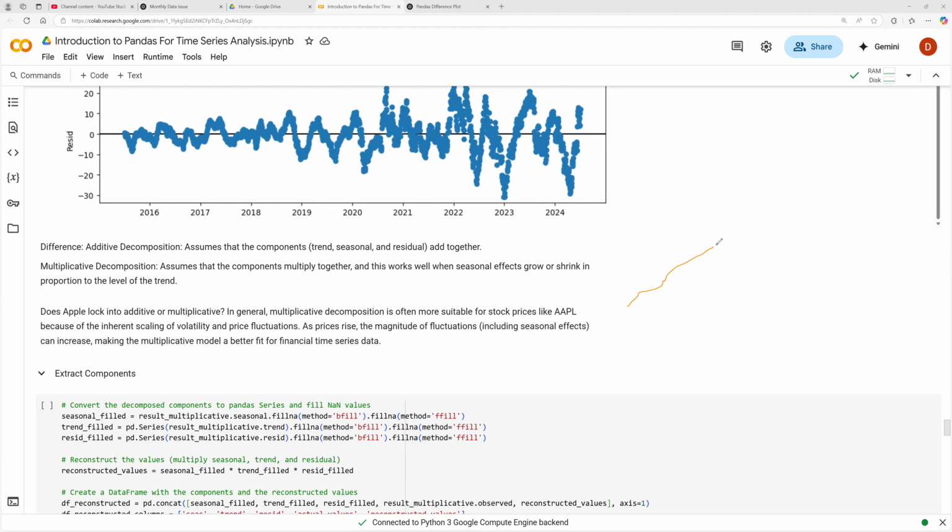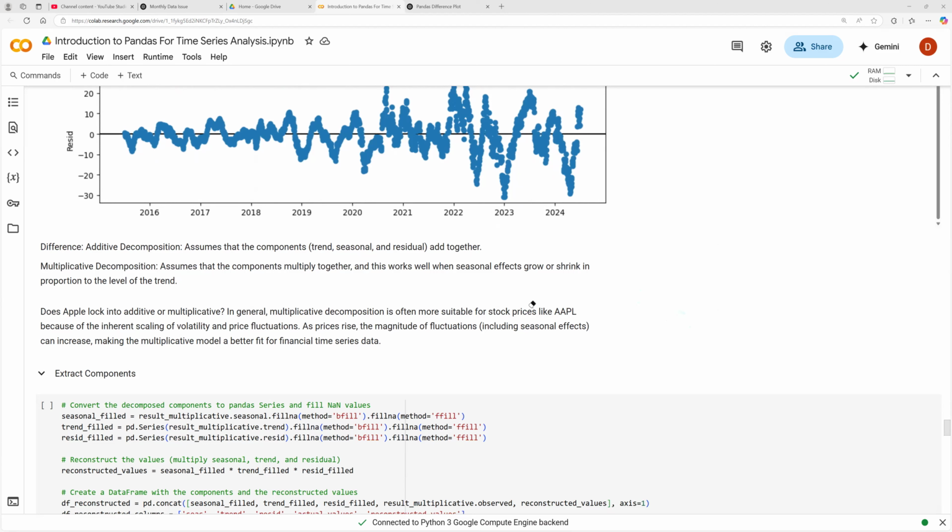If we have this trend growing up, the seasonal component will grow with the trend. So that's how you know it's going to be multiplicative. In additive, the seasonality will not grow with the trend. It'll remain constant. Okay. So that's the point that this graph is trying to make.